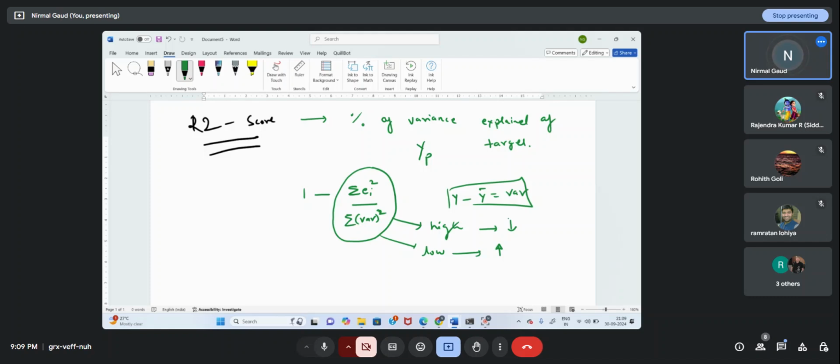If the variance explained is more and error is less, then only it will be high. If the variance explained is less and error is high, then R2 will be low.